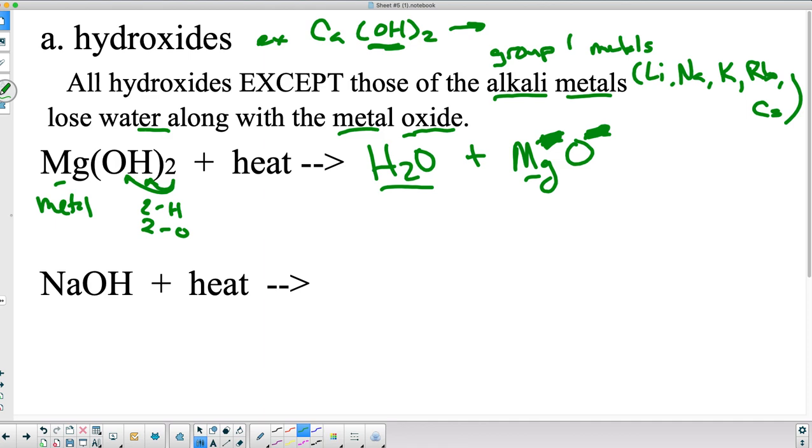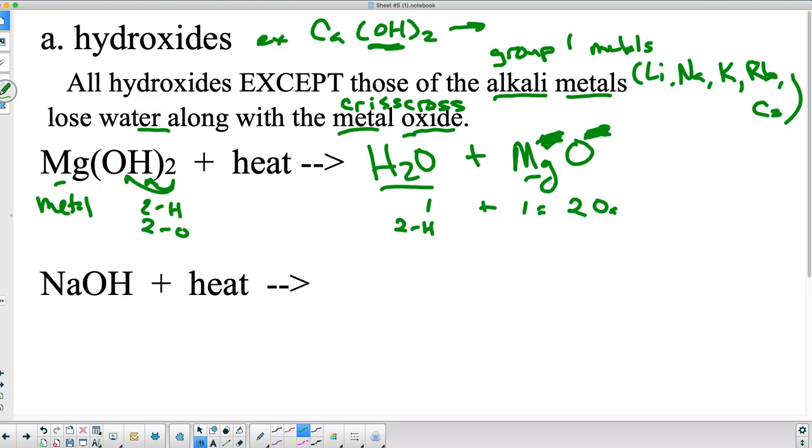Over on this side, I have 1 plus another 1 equals 2 oxygens, and I have 2 hydrogens here. So we actually have everything balanced. So my last step will always be balancing once I write down the products. What are the products for a hydroxide? Water and metal oxide. Make sure that when you get to here that you crisscross the metal oxide.